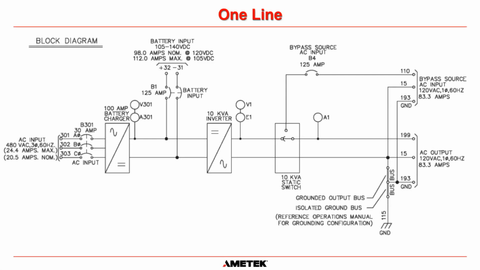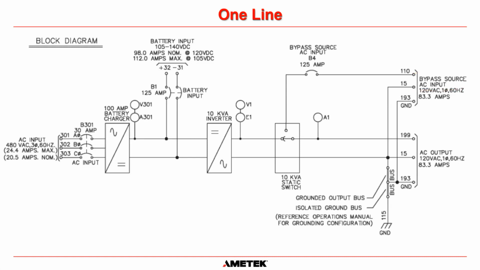Now the bypass input source. Obviously on this system, because the AC output is 120 volts, the bypass input voltage has to be 120 volts. And in truth, 9 times out of 10, this is going to come from a transformer, and that transformer is going to be a 480 primary, I can't put in the 0 there, sorry, to a 120 volt secondary.